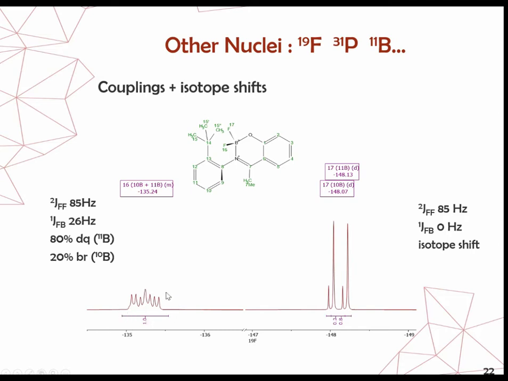We have a first one here, so both fluorines are coupled together with an 85 Hertz FF coupling constant. Here we have a coupling constant with the boron of 26 Hertz.